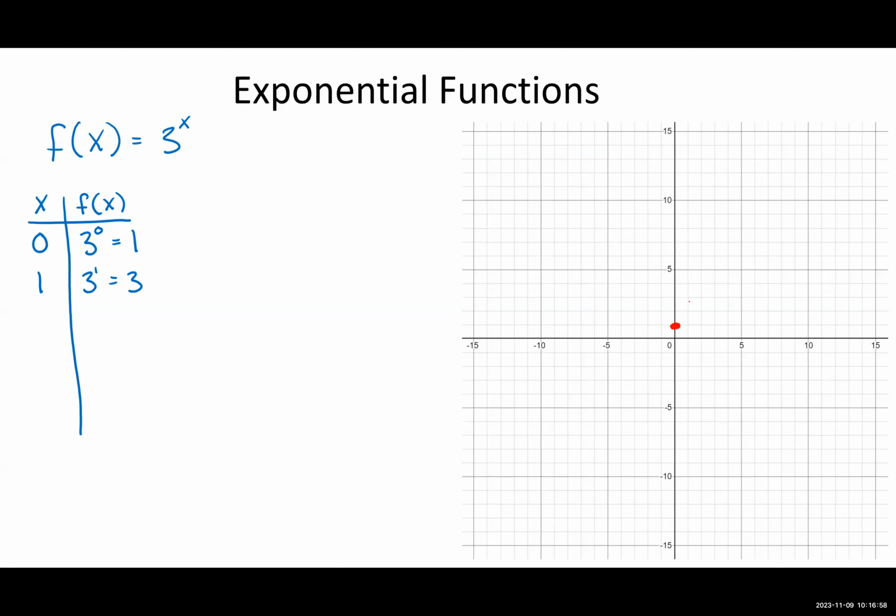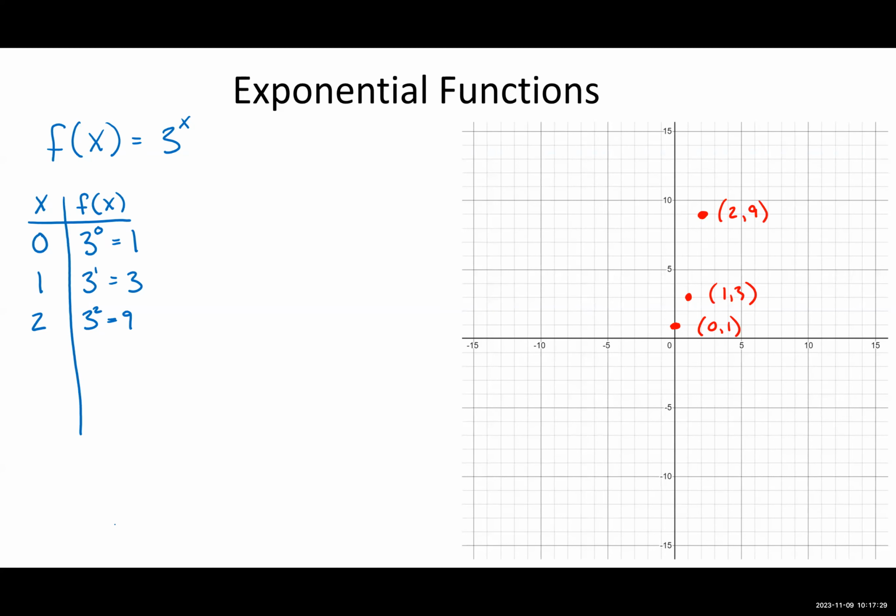So that's the point (1, 3). Okay, keep going. If x is 2, we get 3 to the power of 2, which we know is 9. So that's the point (2, 9). So this is (0, 1). This is (1, 3). This is (2, 9).